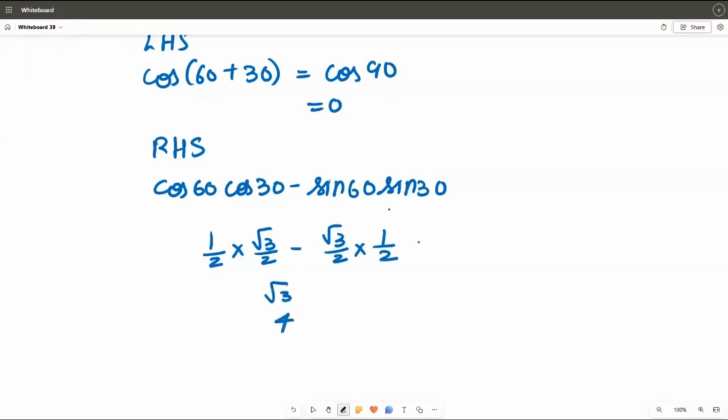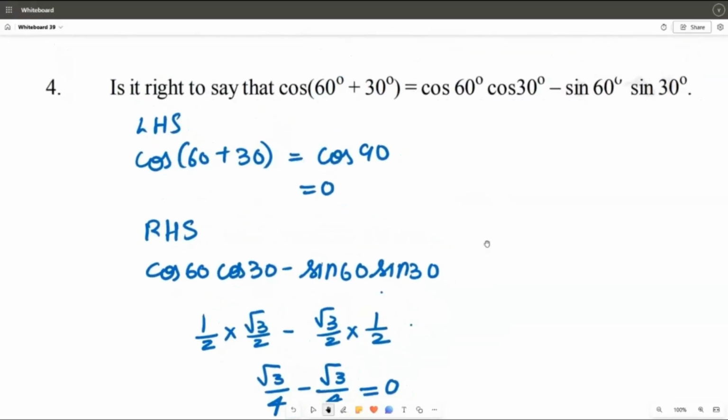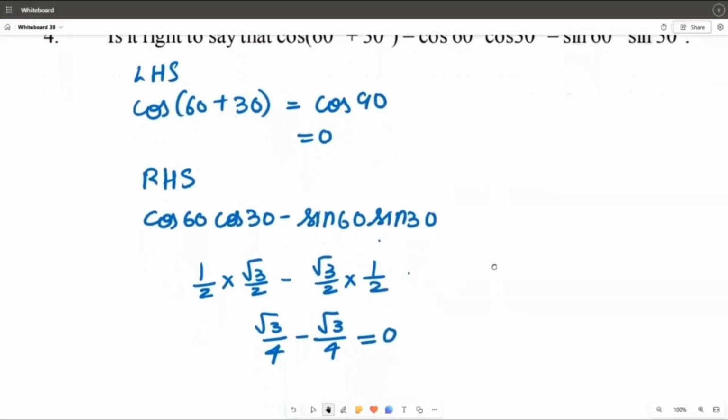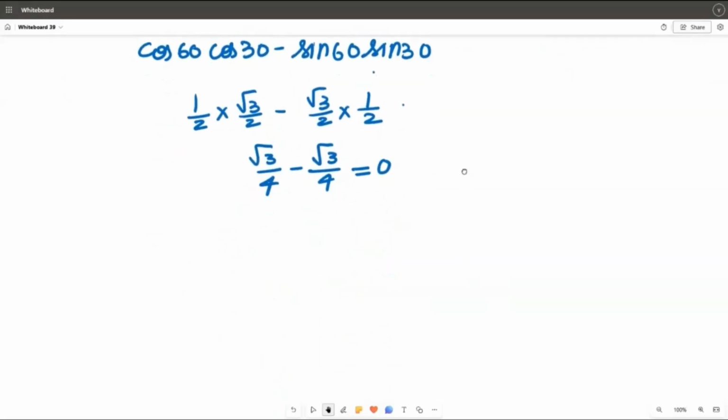So this will be root 3 by 4 minus root 3 by 4, which is equal to 0. In the question they asked, is it right to say that both are equal? Yes, it is right, because cos 90 is equal to 0, and cos 60 into cos 30 minus sin 60 into sin 30 is also equal to 0.